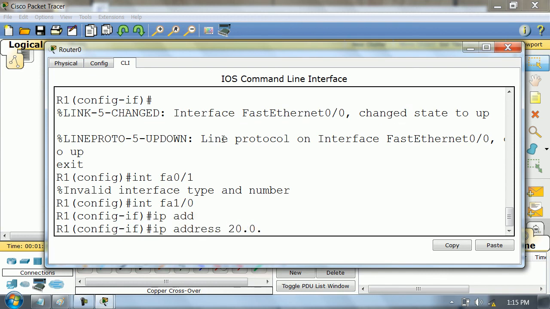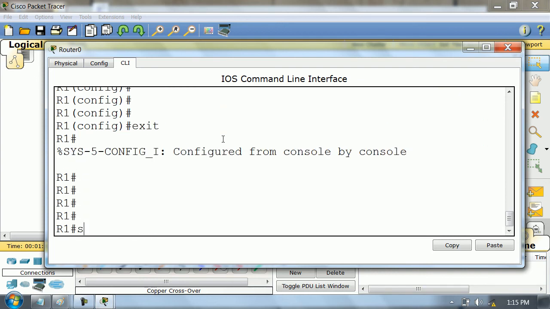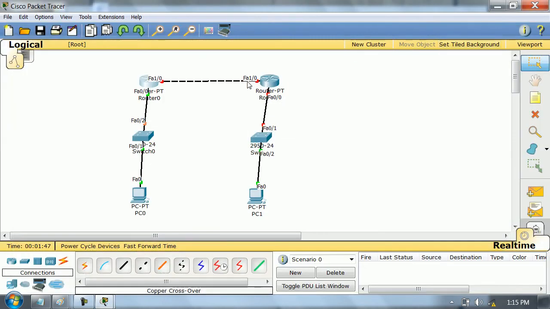Fine. Any issues? Any problem? Now see. Protocol is? Why? Because R2's interface is now.